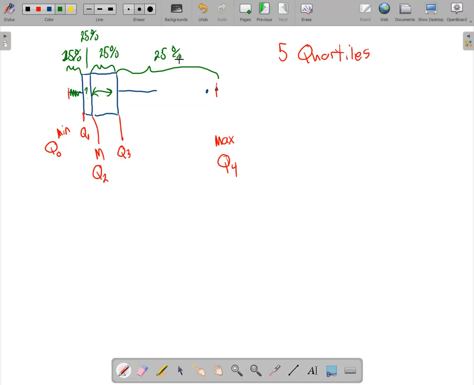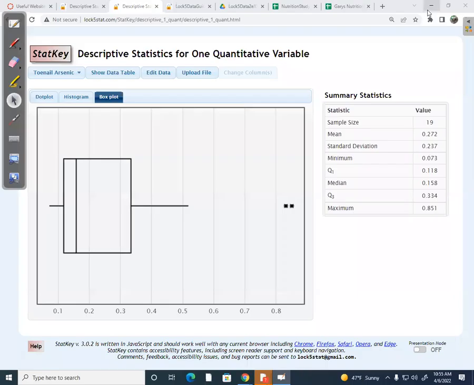Well, I can say the lower half of people's fat intake is between 14.4 and, oh, this is the other set of numbers, sorry. Toenail arsenic. The low for toenail arsenic was 0.073. The median was 0.15.